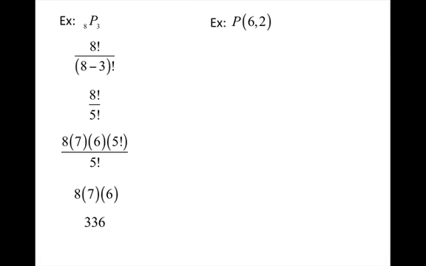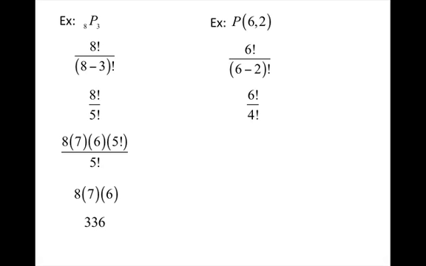In the next example, I have the permutation of 6 objects selecting 2 at a time. So my N is a 6 and my R is a 2. So by definition, I have 6 factorial over 6 minus 2 factorial. If I subtract the denominator, I get 6 factorial over 4 factorial.